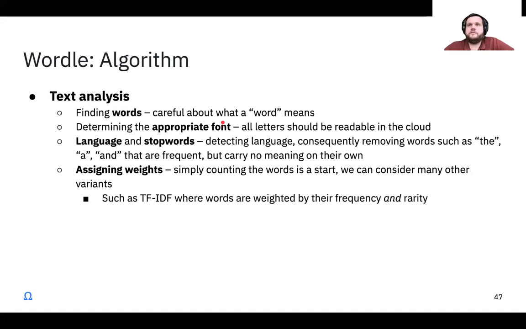Sometimes you have phrasal verbs, like in English. So if you put up with something, then you shouldn't be splitting this into two words, put and up, right? So finding words sounds trivial, right? So just break it down by the spaces, but this in itself contains a lot of challenges for many, or virtually for all languages.